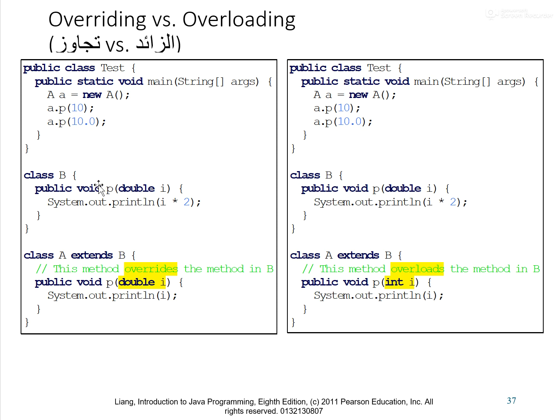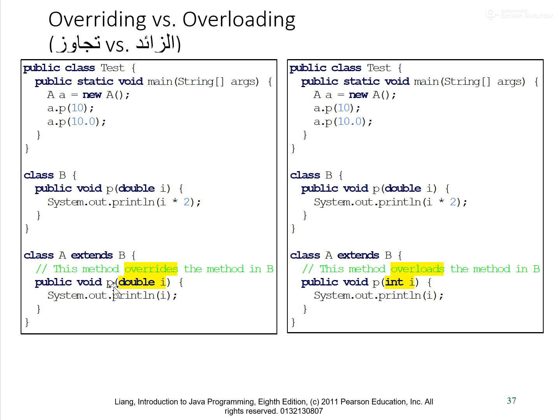Then we have method overriding. A slight difference over here. Again, we have two classes which have a superclass-subclass relationship. Class B is the superclass, and class A is a subclass of B, and both of them have a method called P, and both of them take an argument of type double.